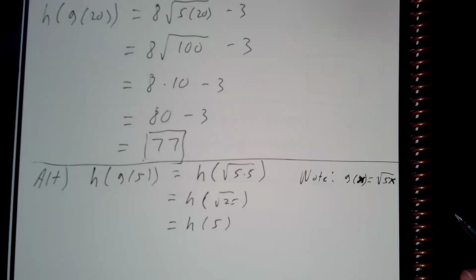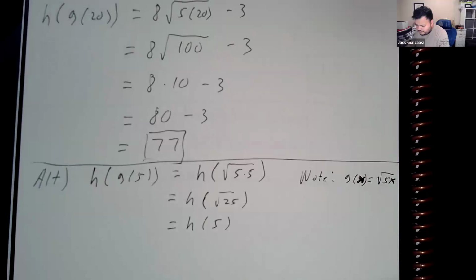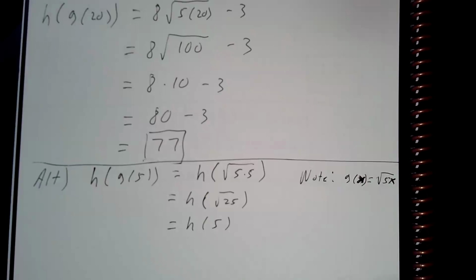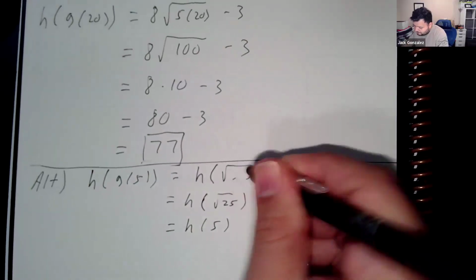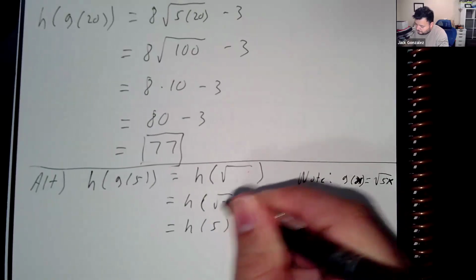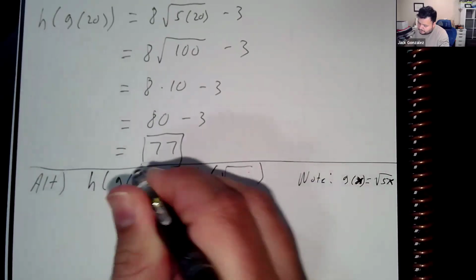The alternate version is you put 5 instead. Sorry, did I put 5? It looks like you put 5 on the bottom. Oh, I did that. Sorry about that. Let me fix that. It should still be 20.